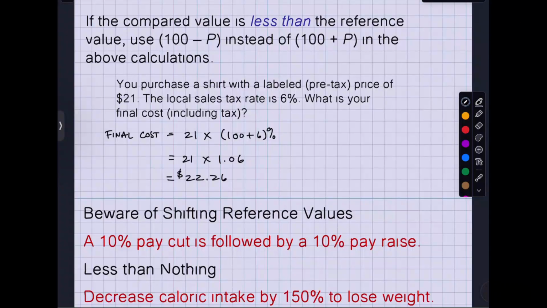So it doesn't look as confusing, because when I put that percentage in there, it looks different.